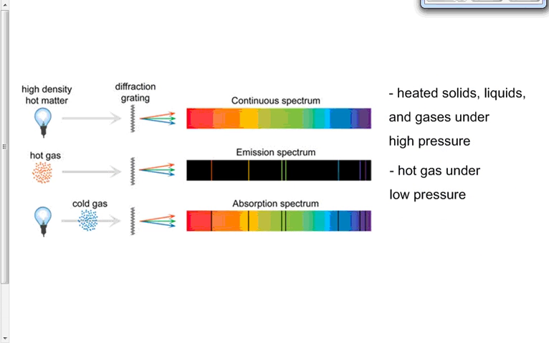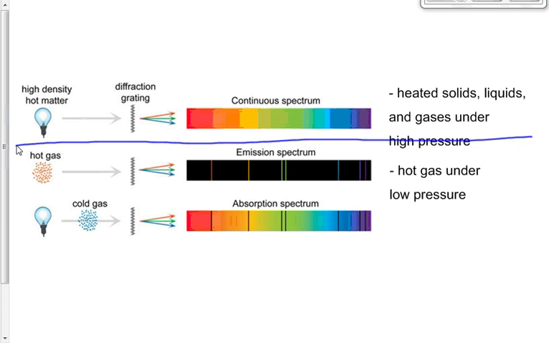All right, so what does it look like in terms of the electromagnetic radiation or the energy absorbed or emitted when electrons are making these transitions in that third aspect of the Bohr model of the atom? Well, I want you to take a look at these 3 pictures here. We're going to separate the first one from the last 2. The first one doesn't really have anything to do with electron transitions per se.